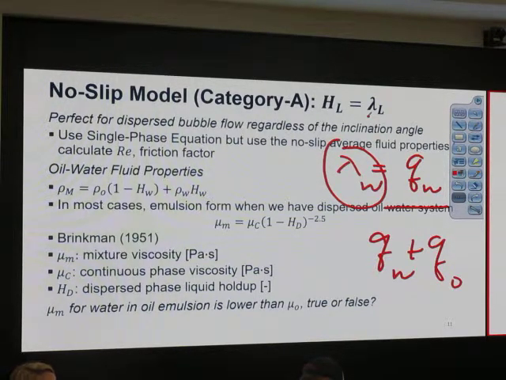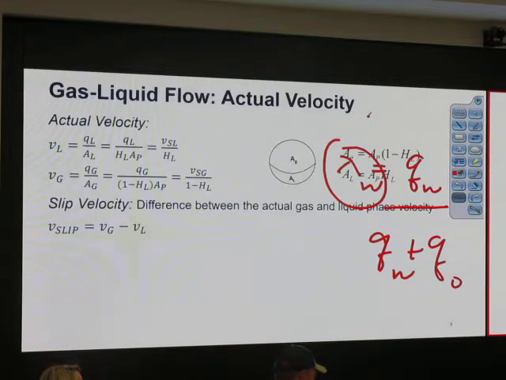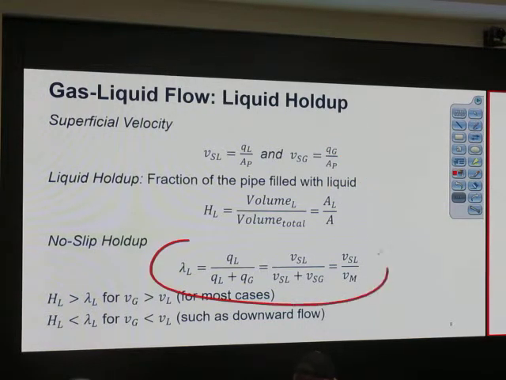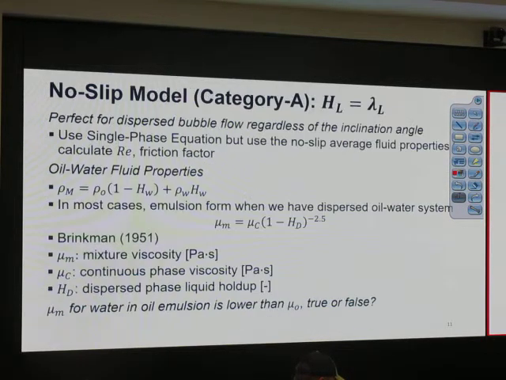Good? Can you calculate lambda? Yes. Lambda comes from this equation, Q over total Q. So if you want to know the lambda, it's water in oil, right? Water is the dispersed phase. So lambda of water is Q water over total Q, or flow rate of water divided by total flow rate.